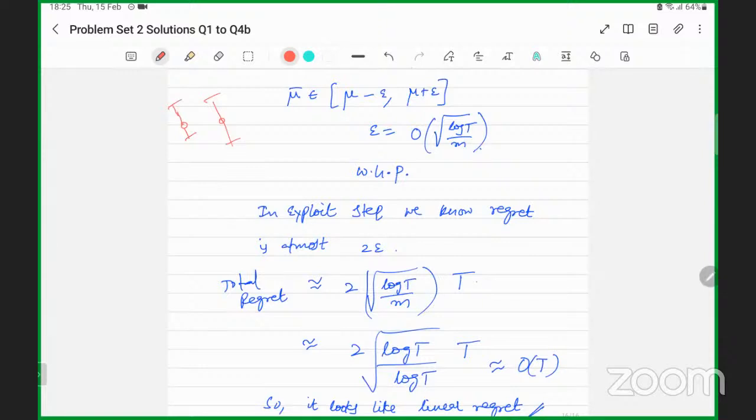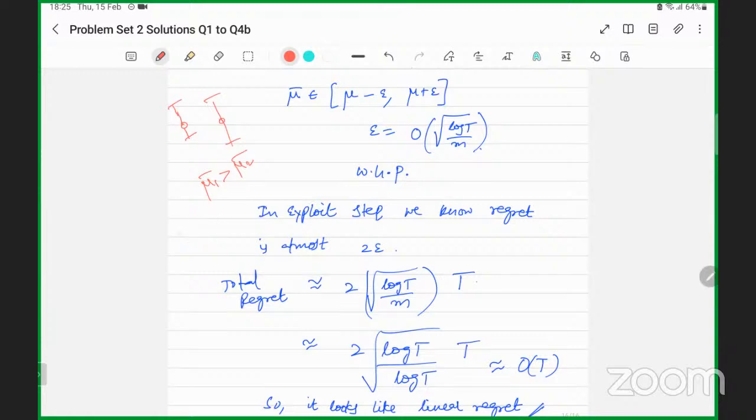So what I'm saying is, if you're playing a wrong arm, you're playing it because the sample average of that arm is better than the sample average of the other arm. So you want mu1 bar greater than mu2 bar. Let's say mu2 is the best arm, but when will we play arm 1? We'll play when mu1 bar is greater than mu2 bar.